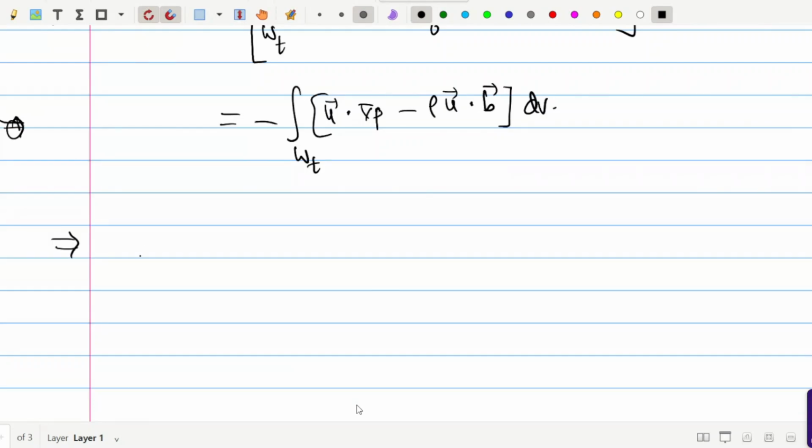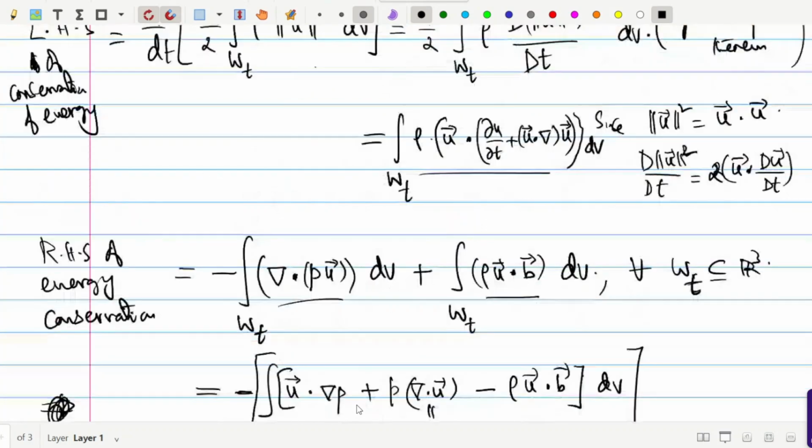If you want another sentence, you say that WT rho into rho is there, right?